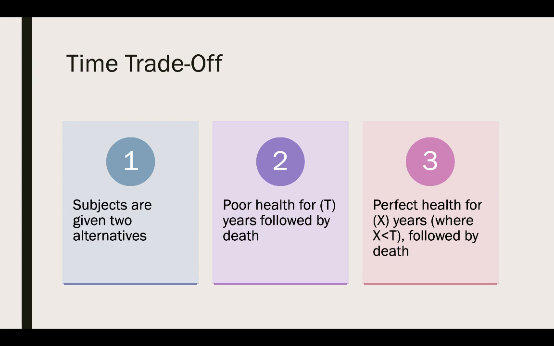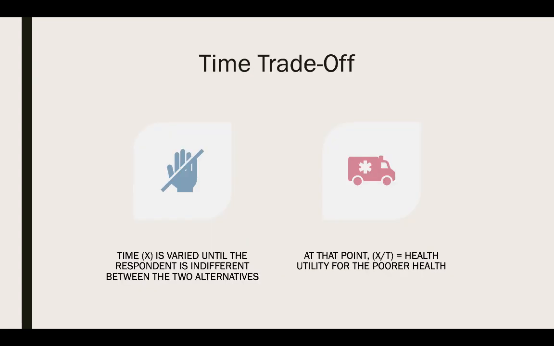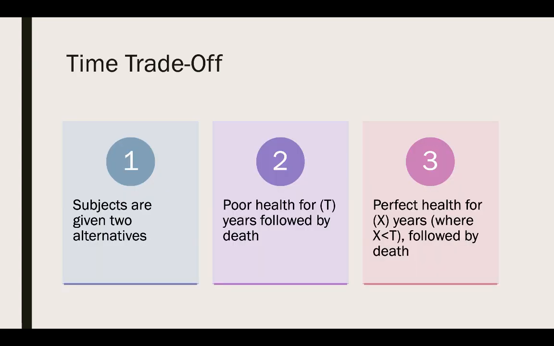So, how long do I want to live with perfect health versus how long am I willing to live with poor health? Just as with our standard gamble model where we played with the probability numbers and got to a point of indifference with our participants, here we play with the time, the X time, which is our perfect health.